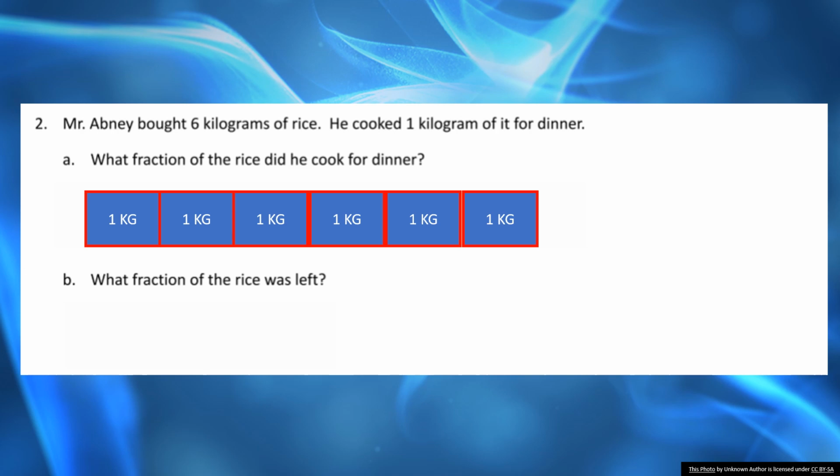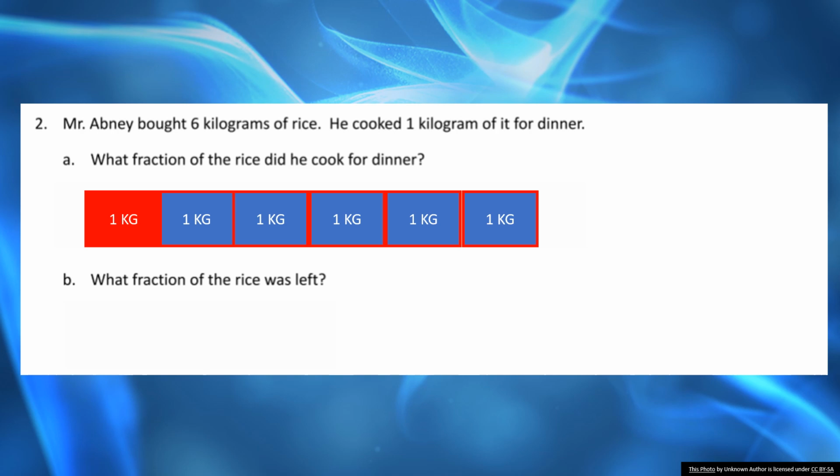Okay, so at this point, you should have 6 rectangles, and you just write 1 kilogram in each rectangle. So now, this fraction strip represents our 6 kilograms of rice. Now, it says that he cooked 1 kilogram of it for dinner. Now, you can shade in 1 kilogram, okay?